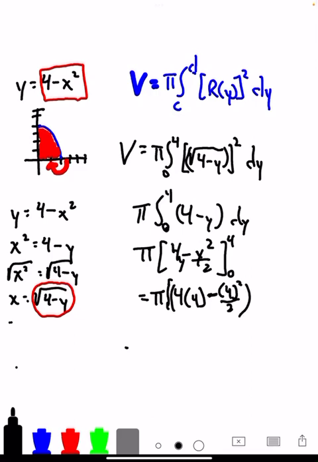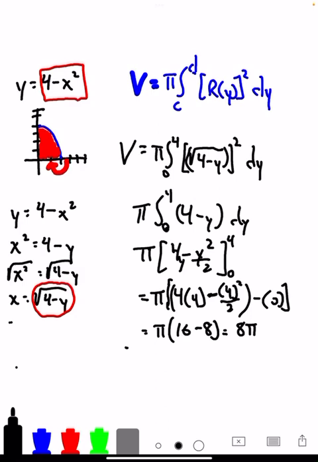All of that is minus 0, of course. Okay, this leaves us with 16. 4 squared is 16 over 2, which is 8. And our final answer will be 8 pi.